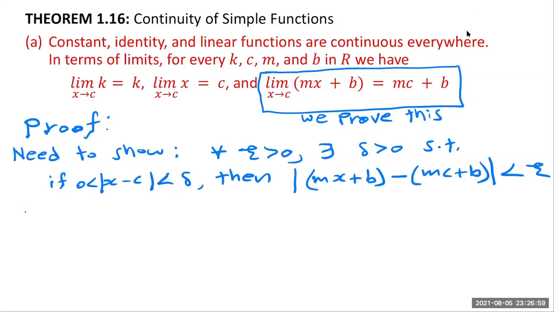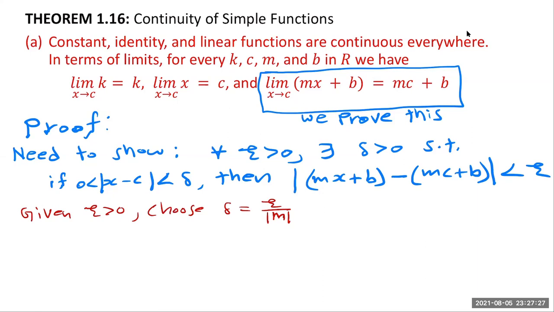How do we start with the proof? Well, start with any given epsilon greater than 0. Given epsilon greater than 0, choose delta to be epsilon divided by the absolute value of m. You will see why I am making this particular choice when we do the calculation.